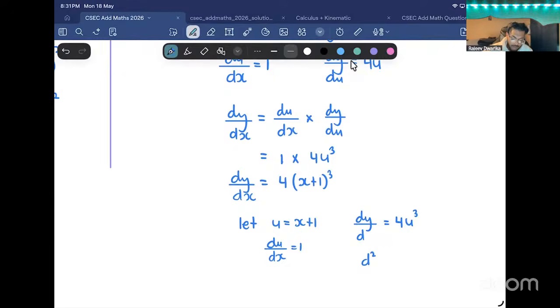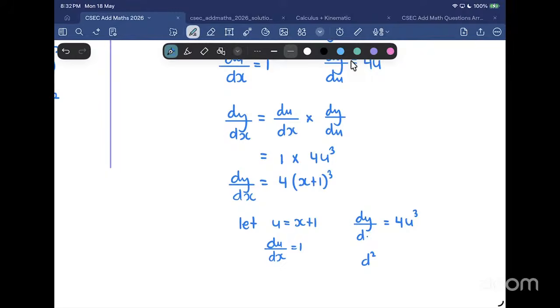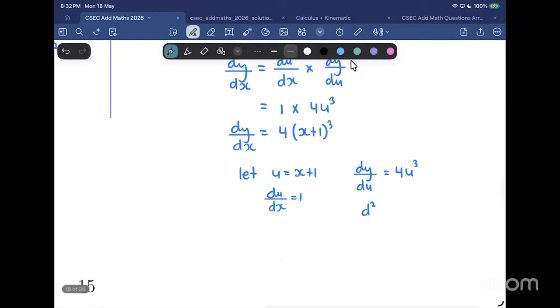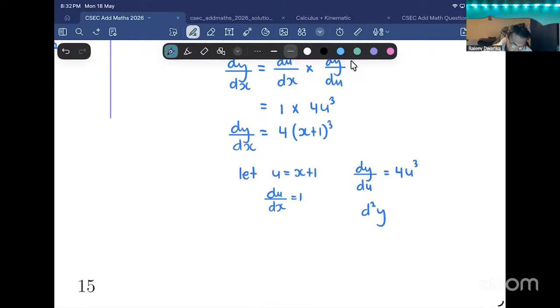It would not be dy dx, it would be dy du. So that would turn into d2y du squared, and that would be 12u squared. But I originally wanted to find d2y dx squared, which would be given by du dx multiplied by d2y du squared. You see what I did?